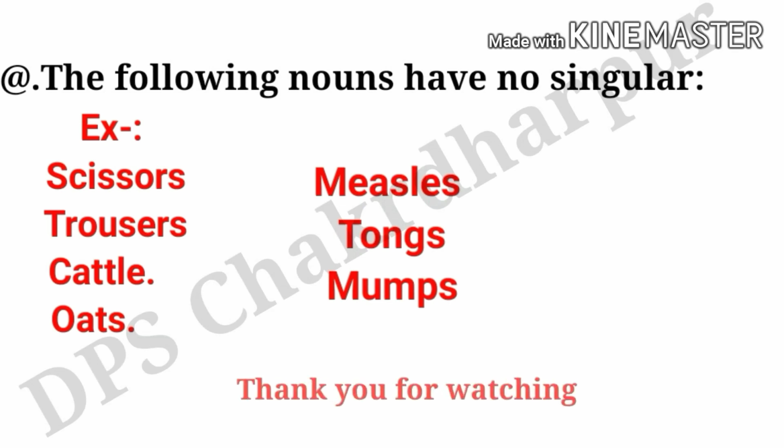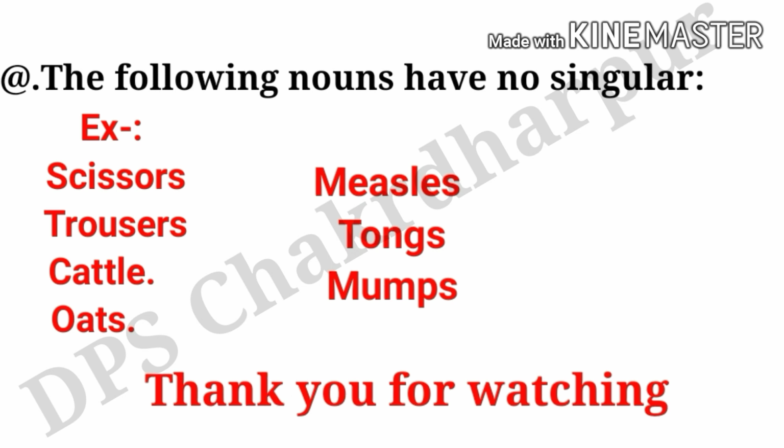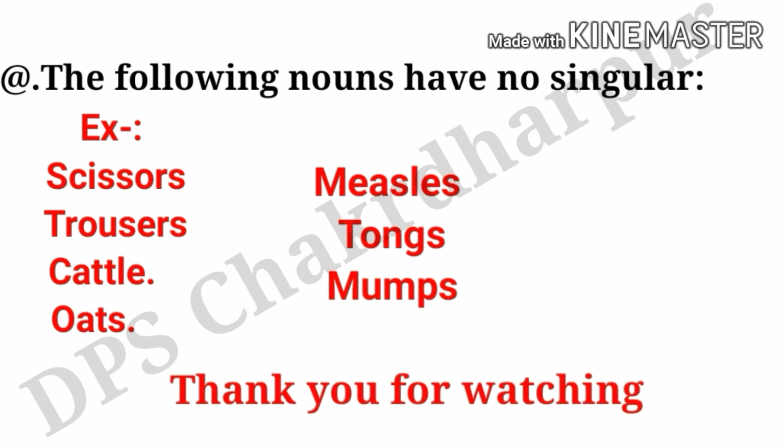Welcome back children. So this is your last page of this video, and I hope you are enjoying it with me. So what is your last topic? Let's see. The following nouns have no singular. So my little stars, the words which you are looking at here are nouns, but you can't change these nouns into the plural because these words are singular as well as plural.